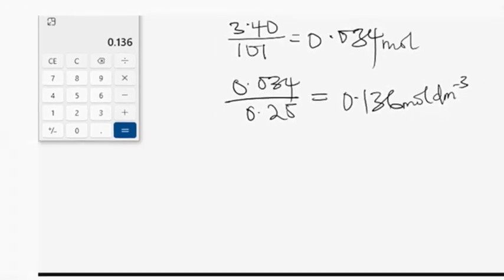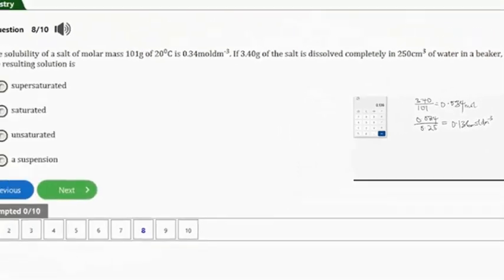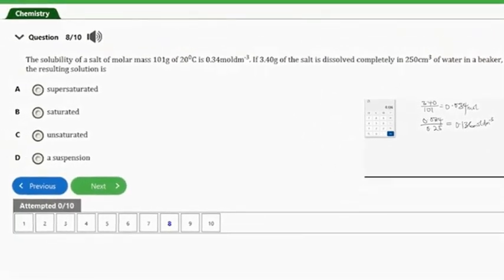So guys, with this, since the resulting solution has a solubility that is less than the 0.34 moles per dm cube, which is the solubility of the salt here in the question, it means it is unsaturated.